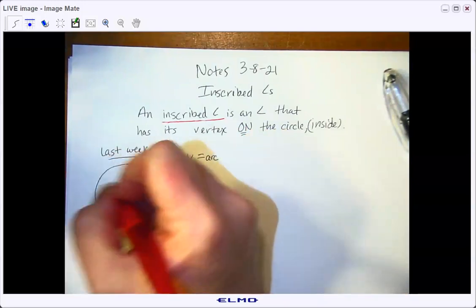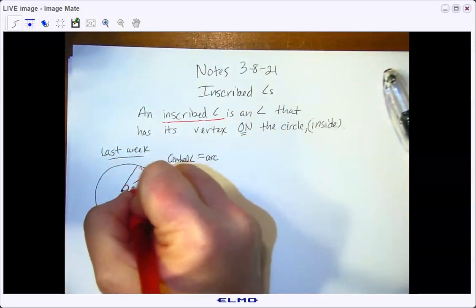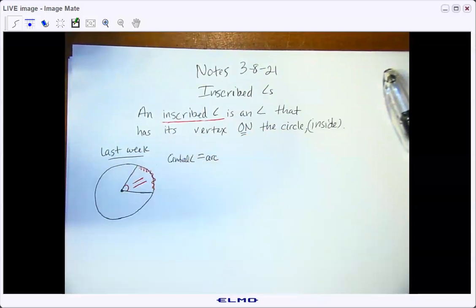Okay, so we know that this arc and this angle are equal. That's what we did last week.